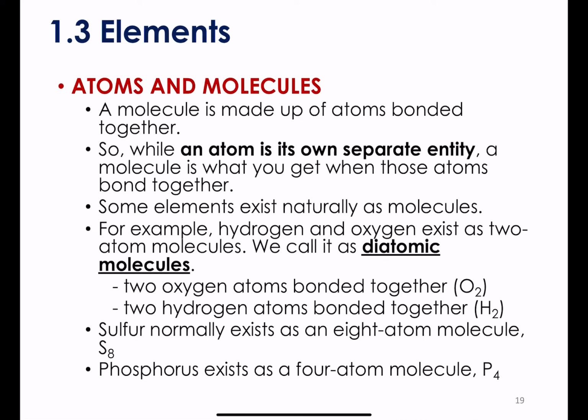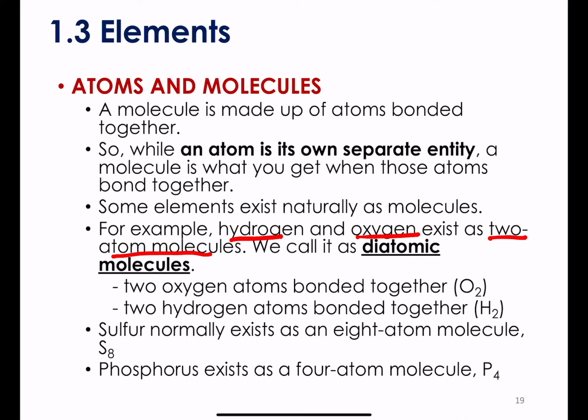Next, you have to know that some elements we learn in the periodic table can exist naturally as molecules and are more stable as molecules instead of as atoms. For example, we have hydrogen and oxygen atoms, where both can exist more stably as two-atom molecules, and we call them diatomic molecules. So, for example, two oxygen atoms bonded together.